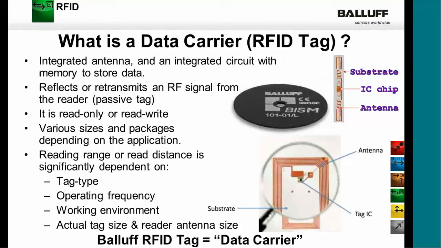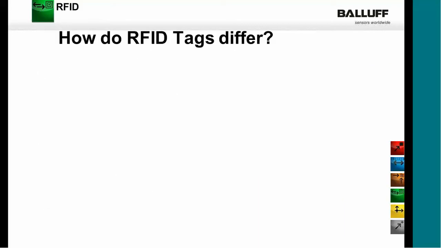And the type of tag, so the size of the tag and the antenna size of the tag. I think that was a point that Jason mentioned a little bit earlier, the read-write distance will be dependent on the type of tag that you use and the type of antenna. So again, RFID tag and data carrier are one and the same.